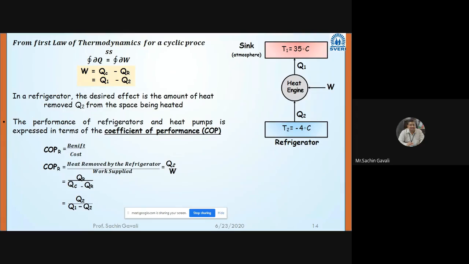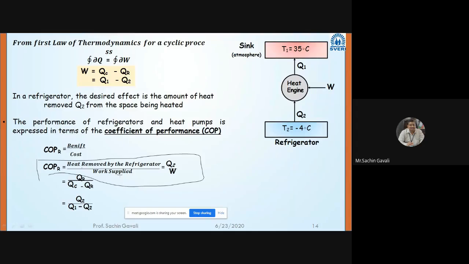It is defined as benefit, the objective, divided by cost, the work supplied. If you forget this, remember that COP of a refrigerator or heat pump is equal to the heat objective, whether heat is supplied or removed, divided by work supplied.